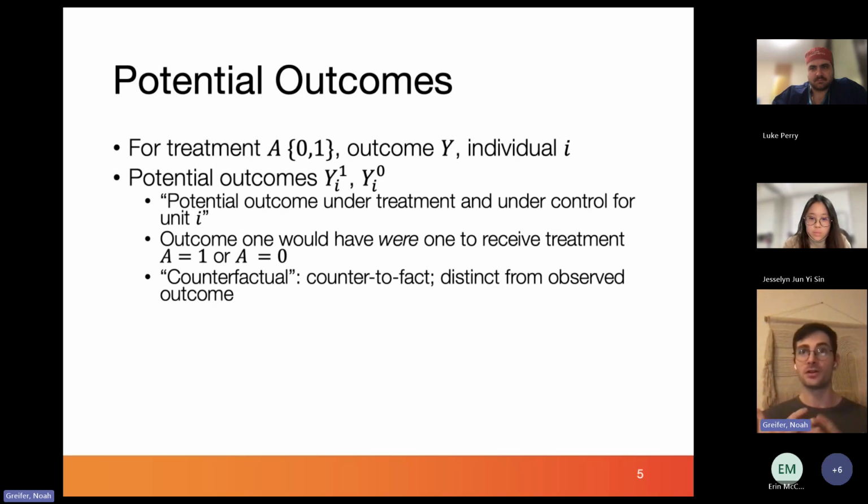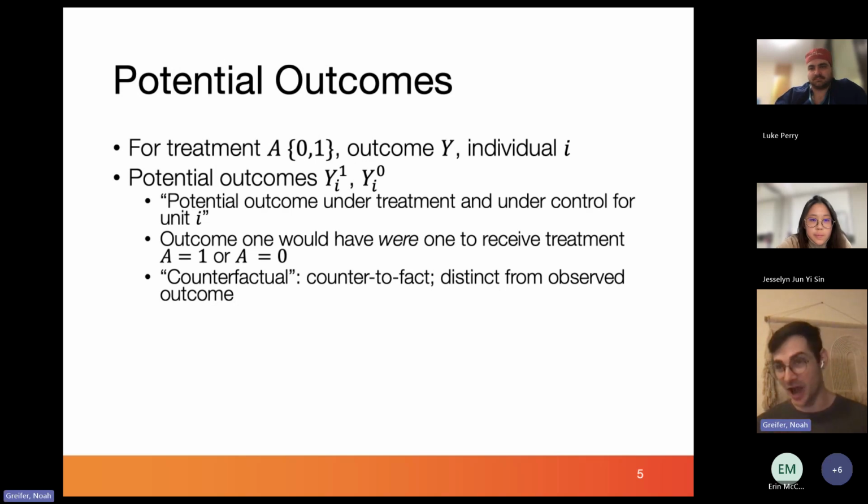So before you receive the treatment, there are two paths that you can take. If you receive treatment, you go down one path and one of your potential outcomes is realized. And if you were to receive the control, to not be treated, you would take the other path and your other potential outcome would be realized.